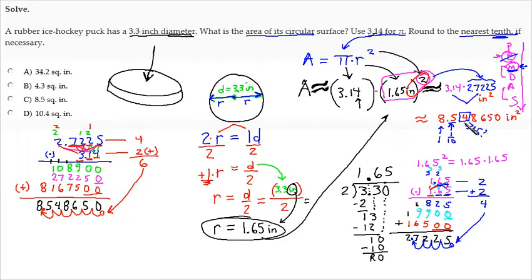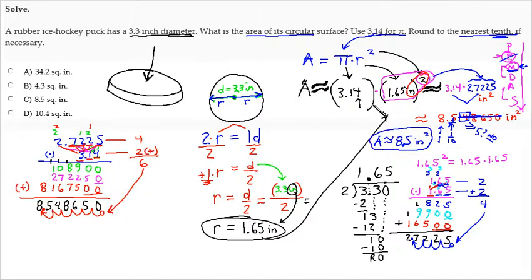And we actually say, of course, 4 is not equal to 5 and 4 is not greater than 5, so we answer no. In that case, we round down, and when we round down, we do not change this 5 at all. In decimals, when we round decimals, after we decide whether to round down or round up, which we're rounding down, we're keeping this 5 as it is, we delete all of these digits to the right of the decimal. So in the final answer, we have the area of the circular hockey puck is approximately 8.5 inches squared.